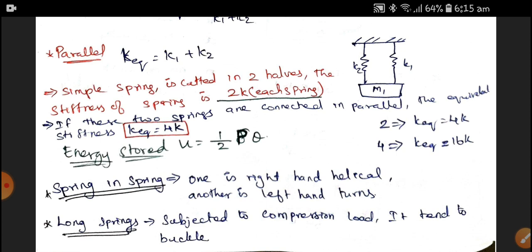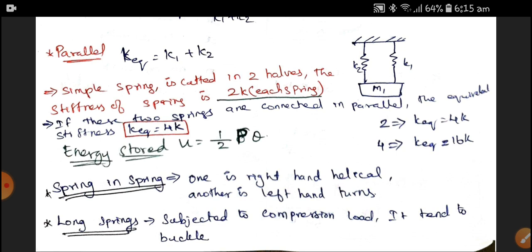Next, spring in spring. In spring in spring, I have mentioned that two concentric springs are mounted. You can notice a very interesting phenomenon. One spring is a right helix and another spring is a left helix. Why? Because if there is a compression in the suspension, the springs tend to buckle.